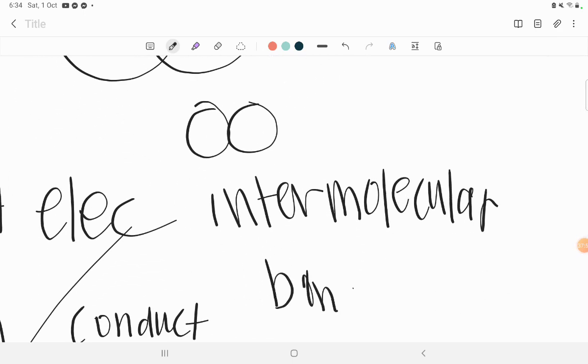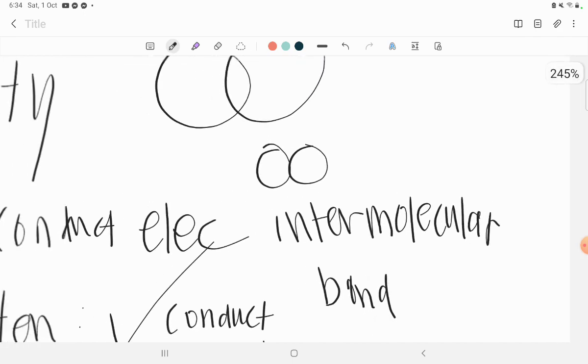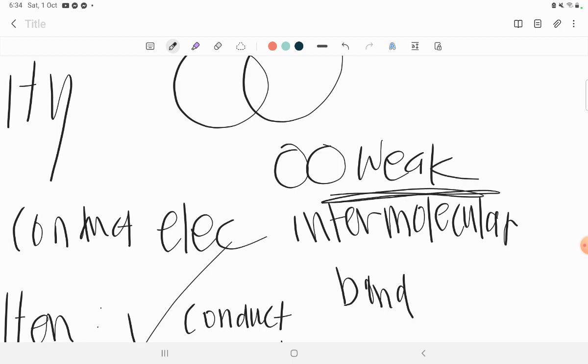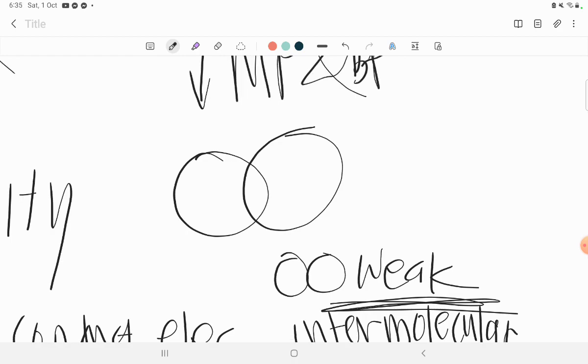So this intermolecular bond is weak, lemah, and this covalent bond is strong.